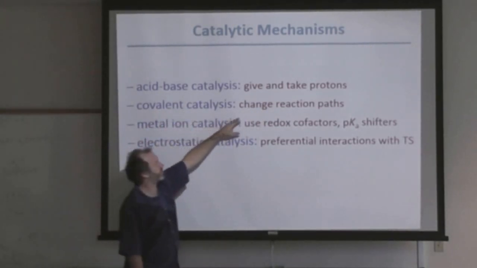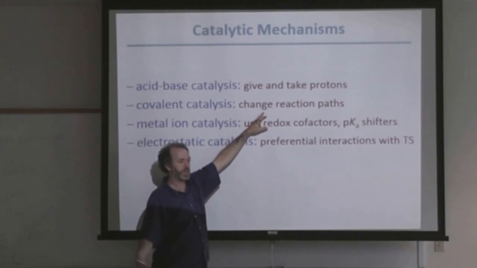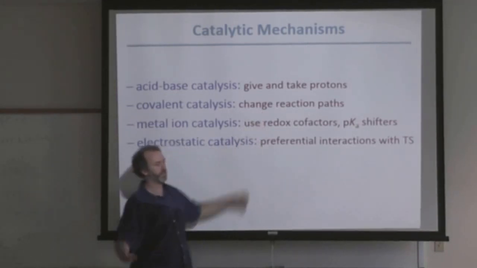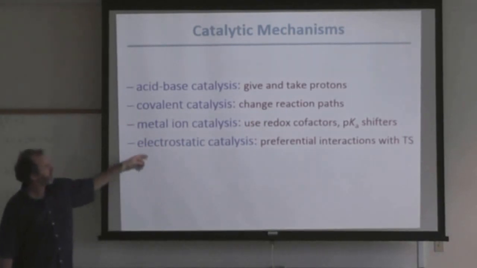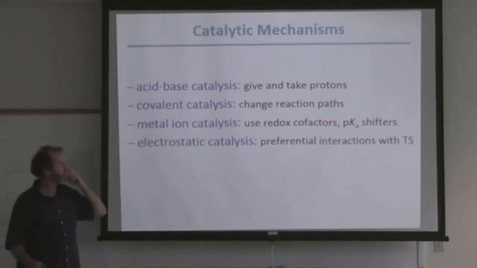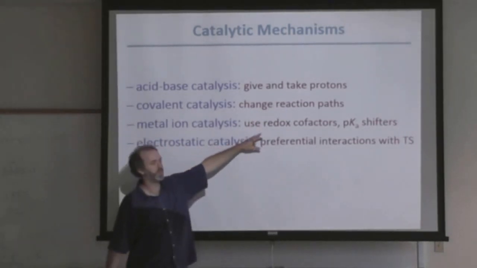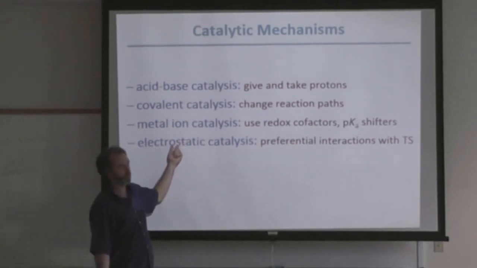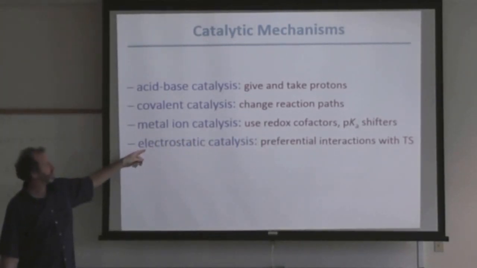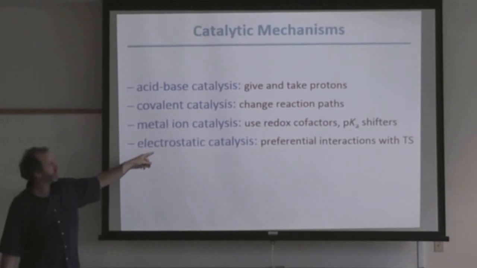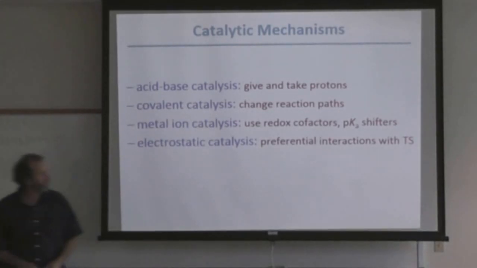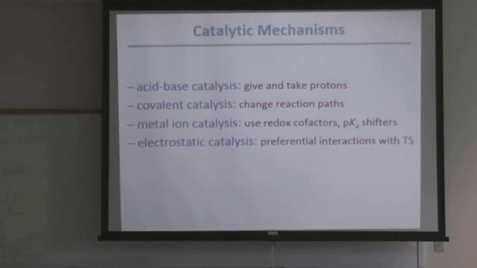Covalent catalysis involves a covalent bond between one of the reactants and the enzyme itself. Metal ion catalysis typically involves a lot of redox reactions, so it's going to require metal ions, a lot of them magnesium. Electrostatic catalysis preferentially interacts with the transition state, or the ES transition state.